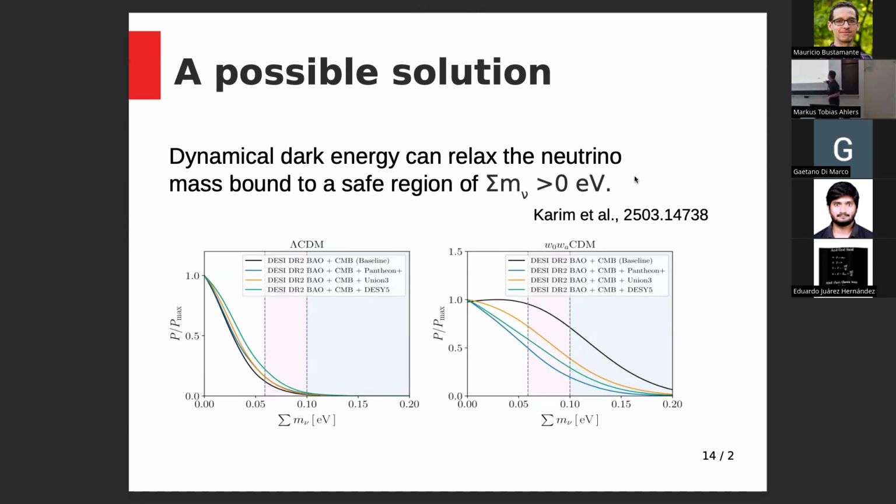In dynamical dark energy, specifically in the CPL dark energy parameterization, the bound is relaxed into a safe region. But actually this is not the sole solution. There are many solutions to this tension.